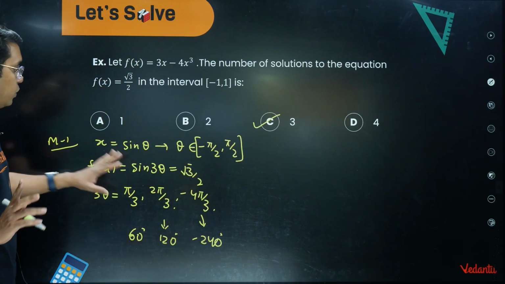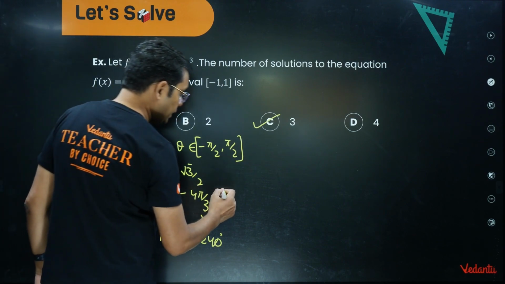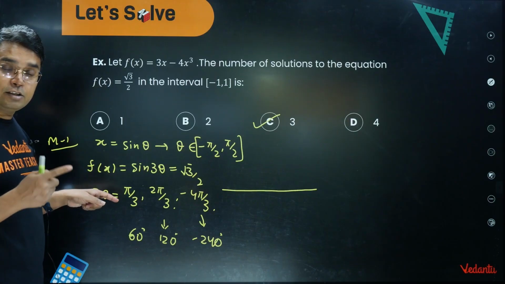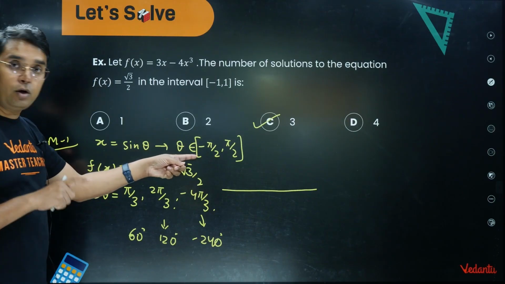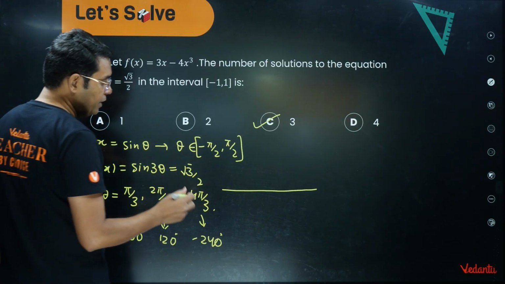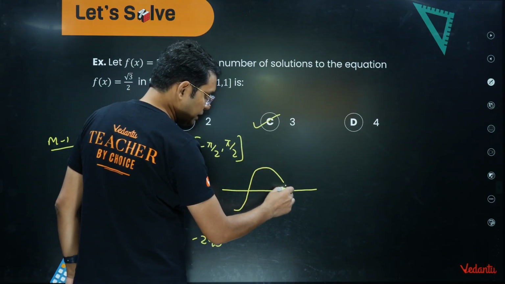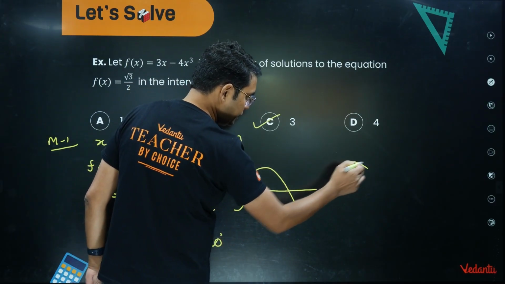One more way you can do this question, please listen carefully. If I draw the graph of sine 3 theta, and because 3 theta is from minus 3 pi by 2 to plus 3 pi by 2, it will be coming from this minima, then the maxima, and it will go like this.